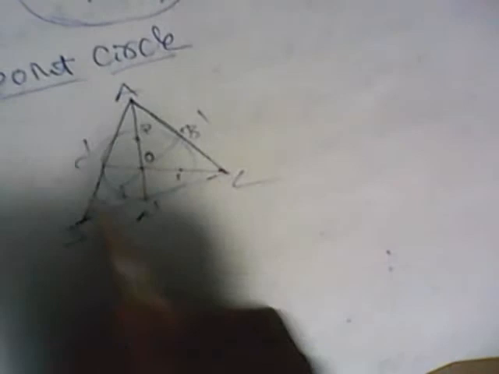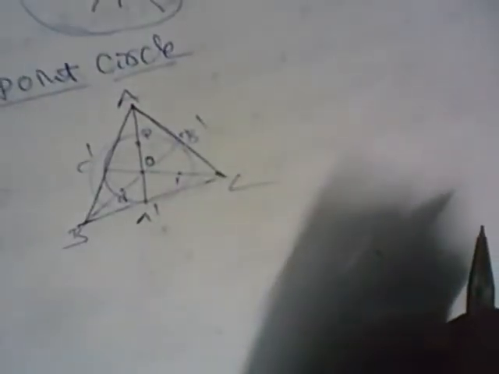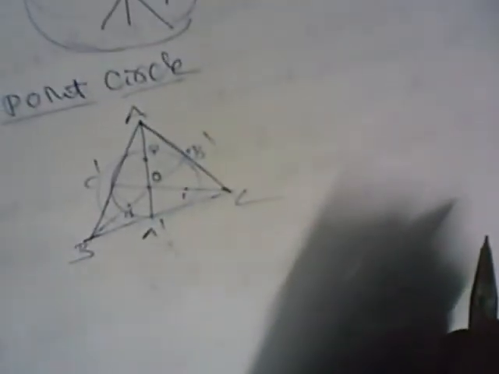Apart from these, we can take some other points like the perpendicular bisectors' midpoints. By taking all 9 points, we can construct a circle. That circle is nothing but the 9-point circle. This is a different concept here. We need not observe this; we need to observe up to the excenter.